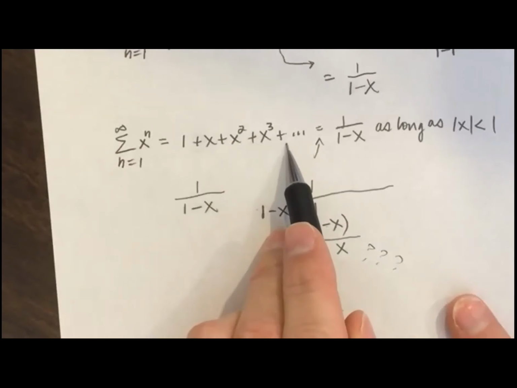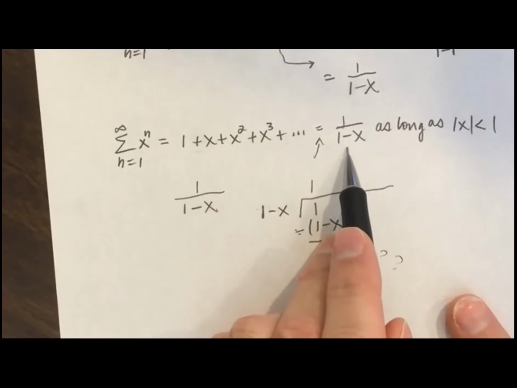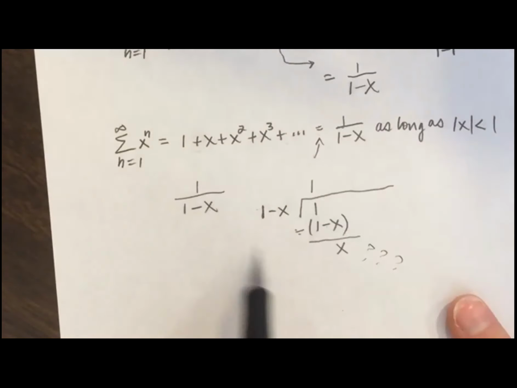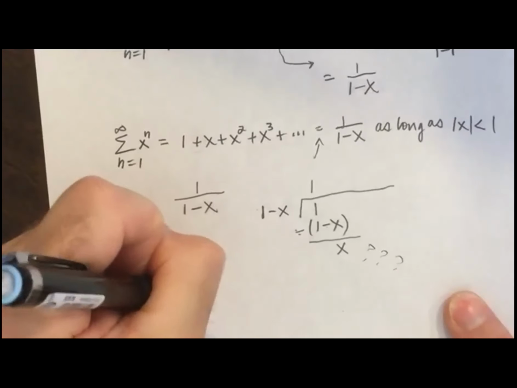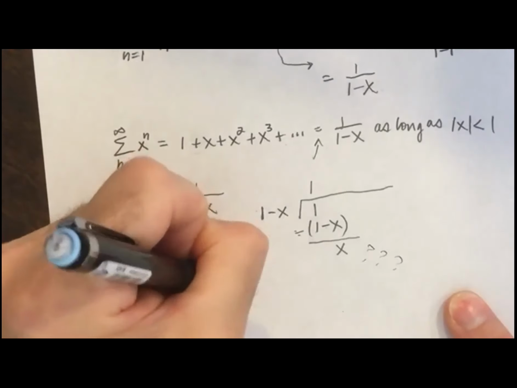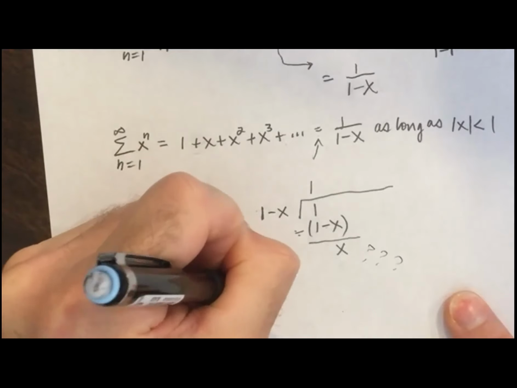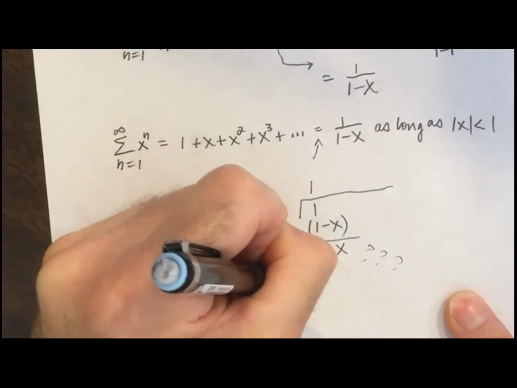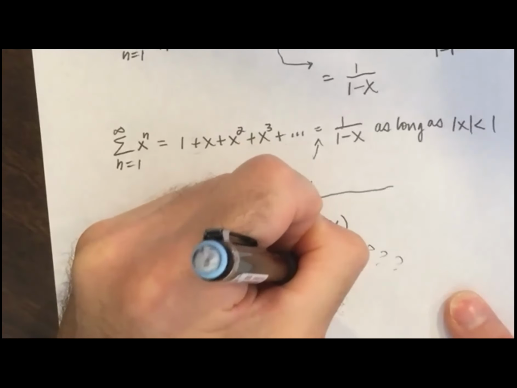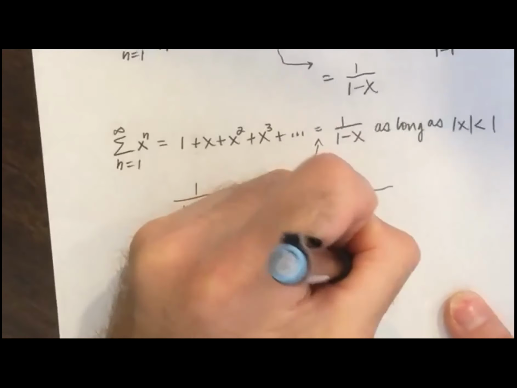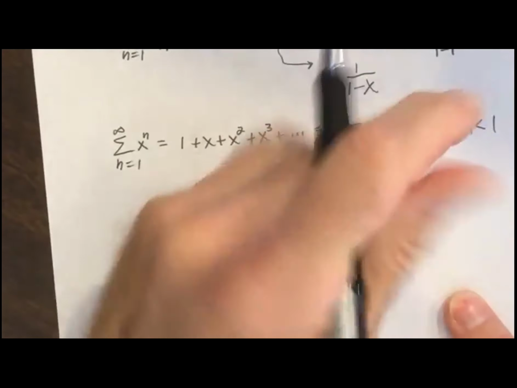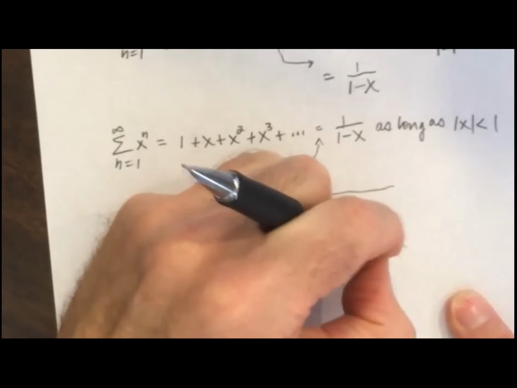If this thing is equal to this, would it be possible to check my long division? How do we check long division? Can do the opposite and multiply. Right on. So would it be okay if I multiplied both sides of my equation by 1 minus x?